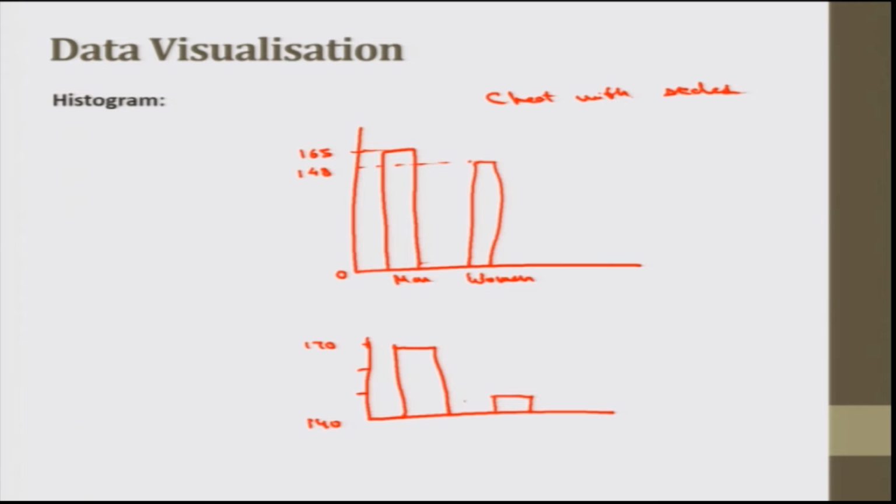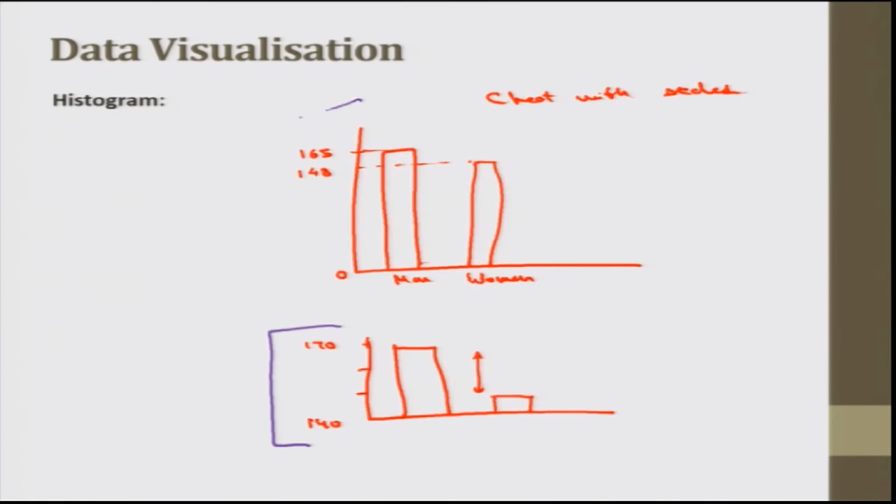So it looks like this difference is high. We can cheat with scales in bar diagrams by just changing the scale. This is known as cheating with scales.